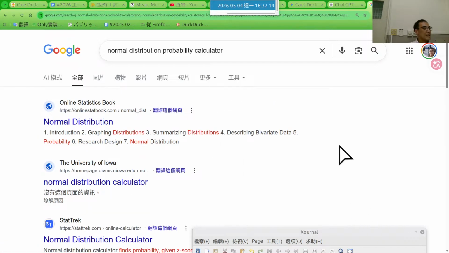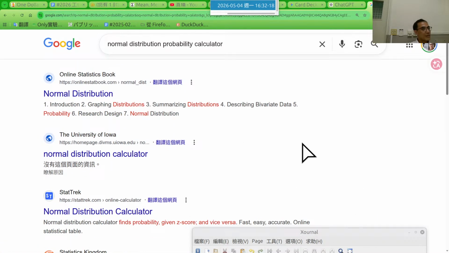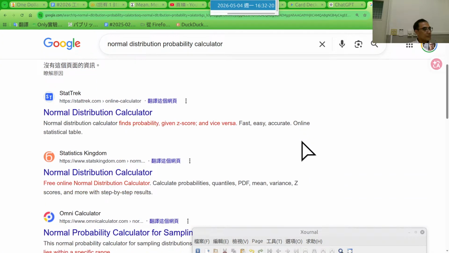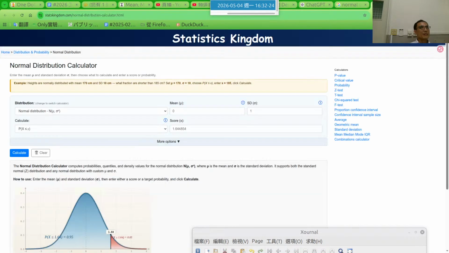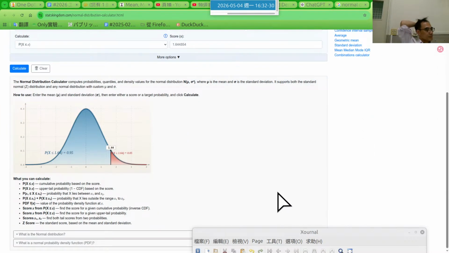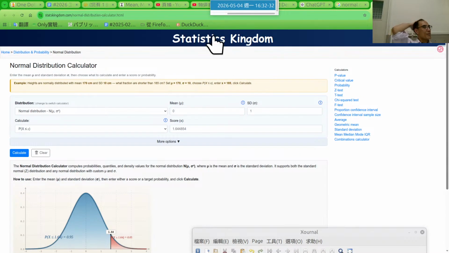Okay, you can use that one. For example, this one.